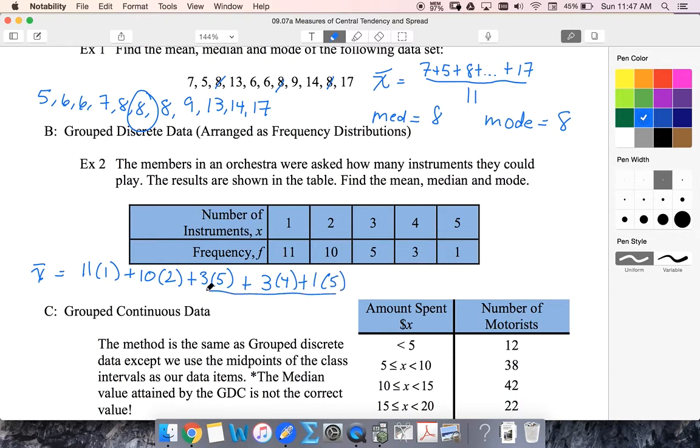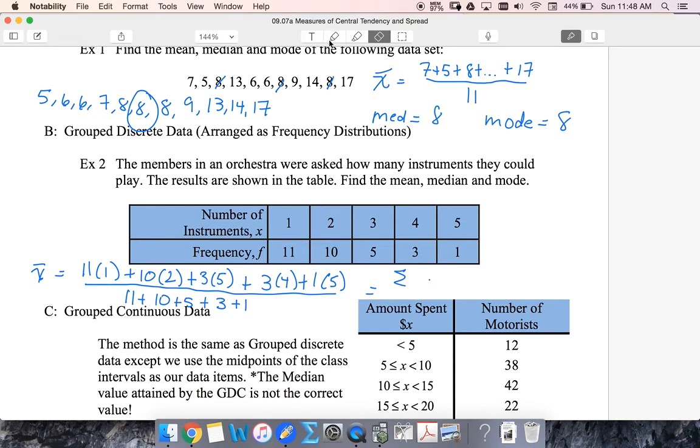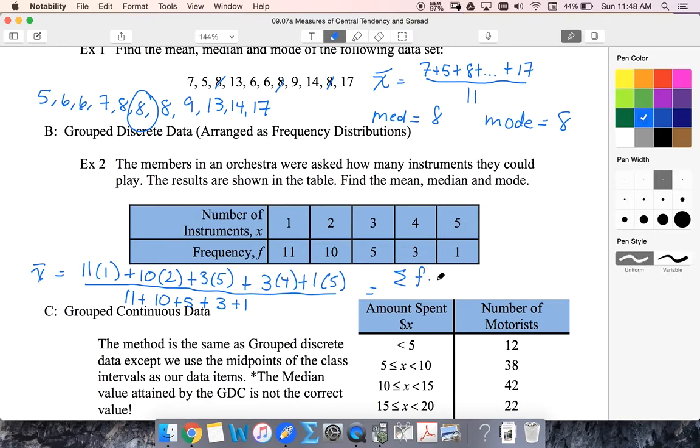My total number of numbers is the sum of my frequencies: 11, 10, 5, 3, 1. That's how I would find the mean of this grouped data. We could shorten this to say that x bar is the sum of the frequencies times the x values, divided by the sum of the frequencies.